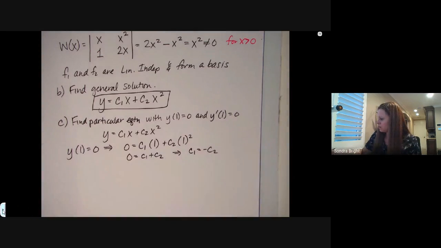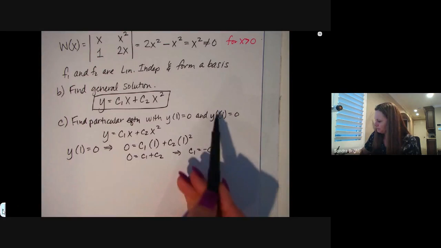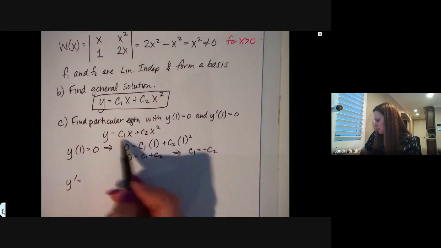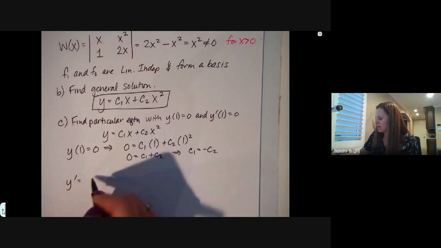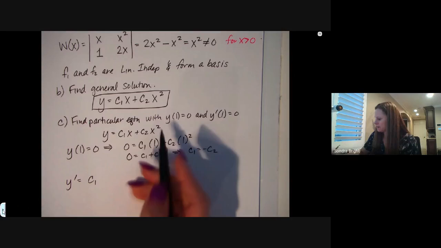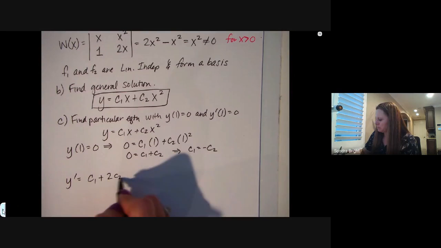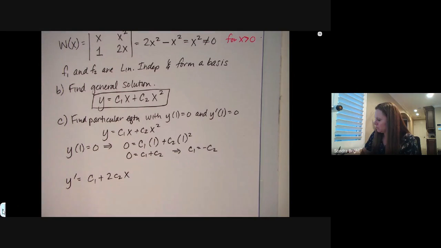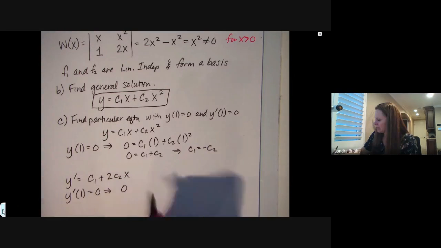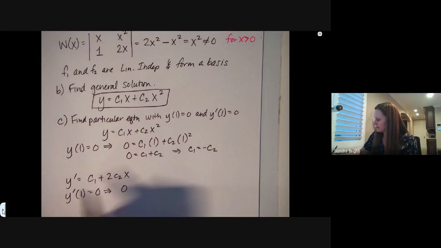All right, for y prime of 1 equals 0, you need to find the first derivative. Derivative of c1x would just be c1. Derivative of c2x squared would be 2c2x. And then plugging in y prime of 1 is equal to 0 means plugging in a 0 into the y prime side and then a 1 into x.